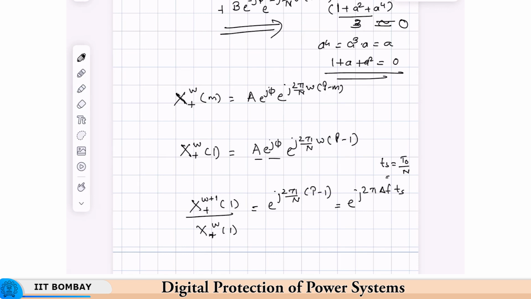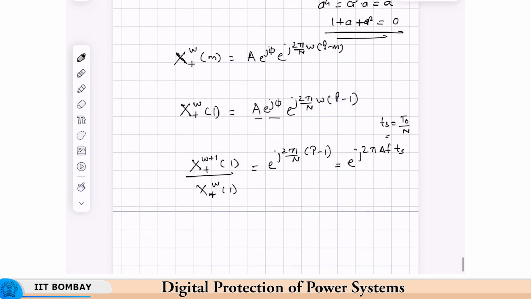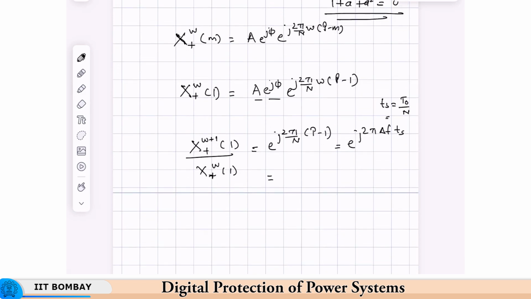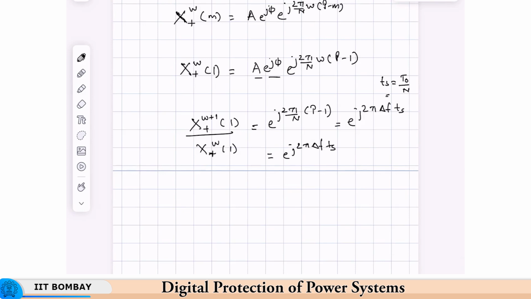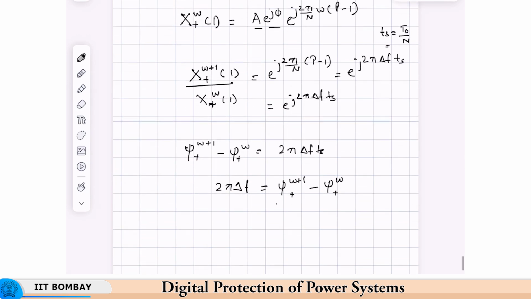Okay, so then what do we have here now? Okay, so now we'll use the same approach that we used last time, that angle of the, but keep in mind that this is not the phasor quantity but the positive sequence quantity.